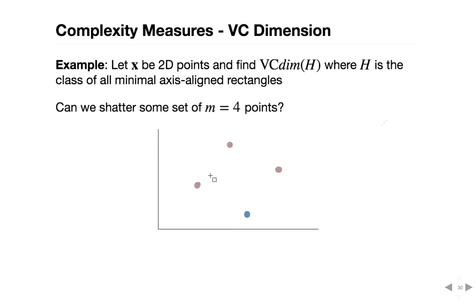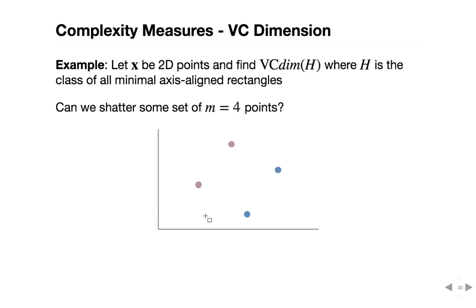And so I'm going to do a couple of these, and then you should try to show the rest on your own, because how many possible dichotomies are there? There's 4 points, so there's 2 to the 4, which is 16 dichotomies. And so here's one example where these ones up here are positive and this is negative, and I can classify this by throwing a rectangle like this around it.